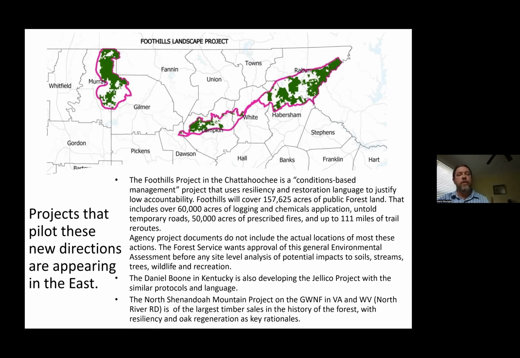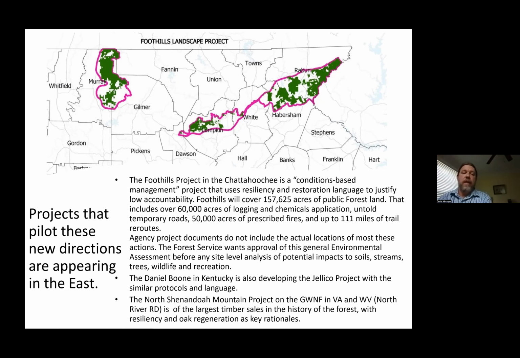But this is a huge omnibus project involving tens of thousands of acres, where, using some of the new ideas and legal structures in the Forest Service, the agency wants to have some big meta announcement and analysis, and you get to participate early on, and then that's it.